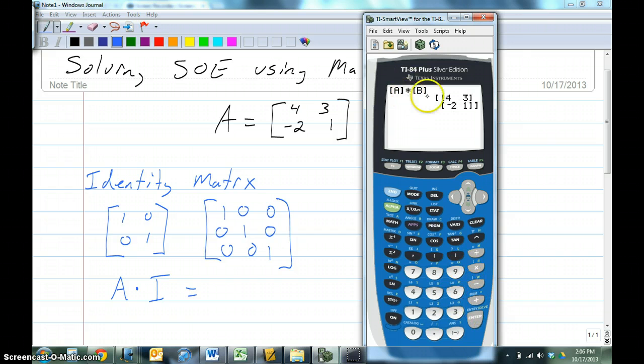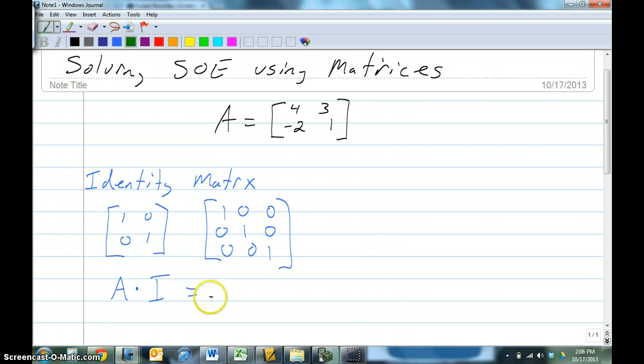But matrix A times matrix B is 4, 3, -2, 1. Hey, that looks familiar, doesn't it? That is matrix A. The identity matrix is called the identity matrix because if you take a matrix and multiply it by the identity matrix, you'll get the original matrix back. It's like what 1 is to regular numbers. The identity matrix is to multiplication of matrices. Kind of neat, right? Sure.